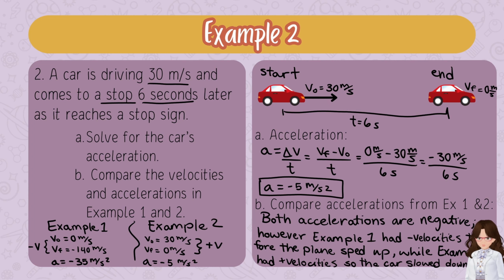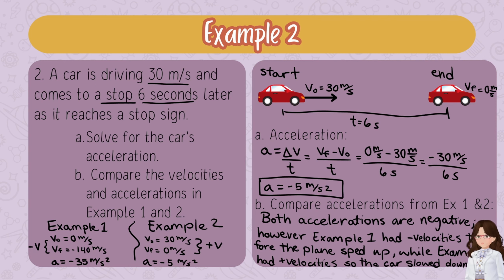So when we're talking about acceleration, remember the overall impact that it has is dependent on the direction of motion or the sign of the velocity. I purposely made sure that both accelerations are negative because oftentimes a misconception with students is that a negative acceleration implies slowing down. That can be the case, but a positive acceleration can also lead to slowing down.